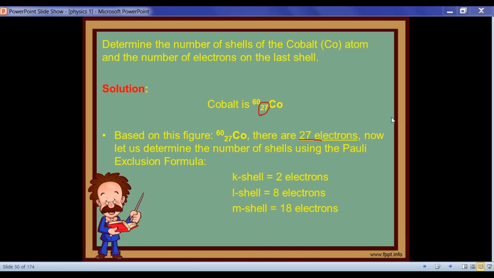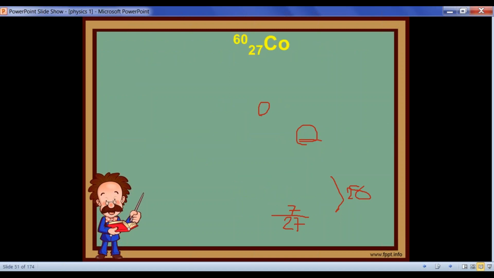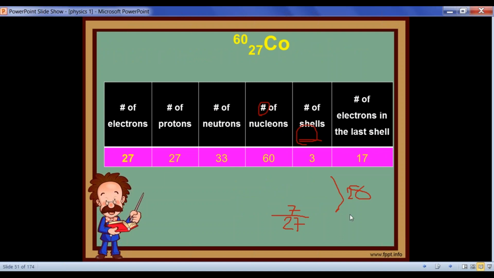So 28 po siya, hindi po pwede. 27 na po yung kailangan natin. So what we are going to do is change this into 17. So 17 plus 8, 25 plus 2, now we have 27. And much better po.